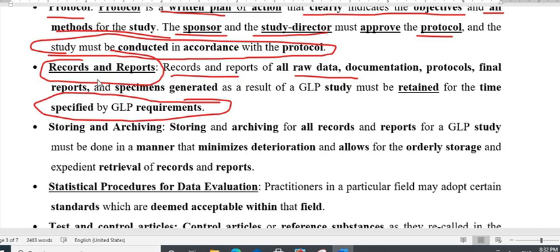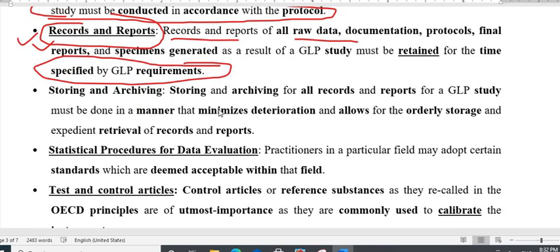Data generated in laboratory research work should be recorded, reported, and kept till the time mentioned as per the GLP requirement. That is storage and archiving: storing and archiving the records in a proper manner so that when required, we can retrieve the data and report.